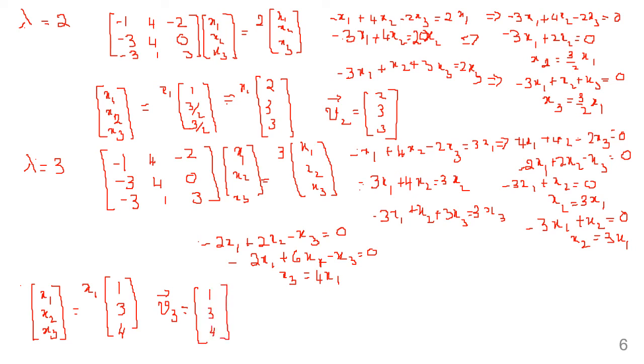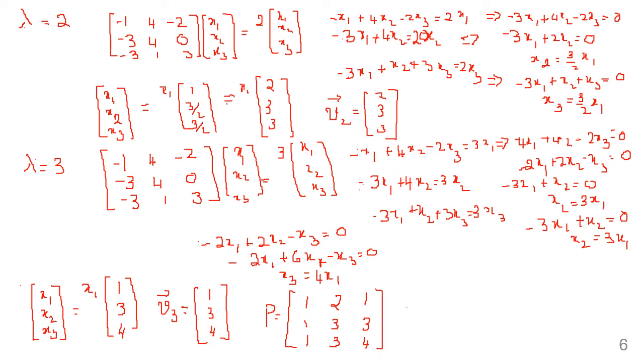Using this, I can write the P matrix corresponding to eigenvalue 1, it is 1, 1, 1. Corresponding to eigenvalue 2, I got the eigenvector as 2, 3, 3. Corresponding to eigenvalue 3, it is 1, 3, 4.